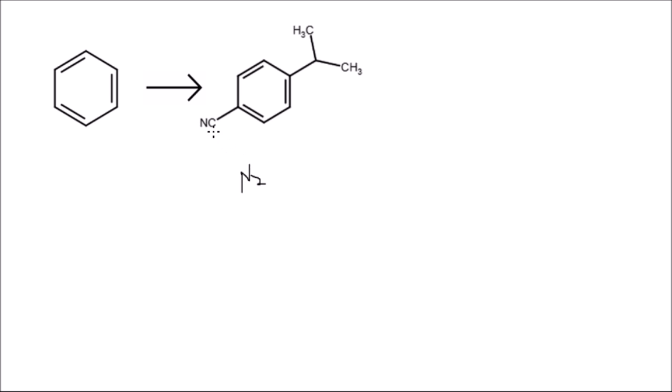And to get the diazonium ion, as we said in question number 1 in this video, we need an amine first. So here we need to have an amine. And to get an amine, you need to do the nitration reaction first. So it goes like that.